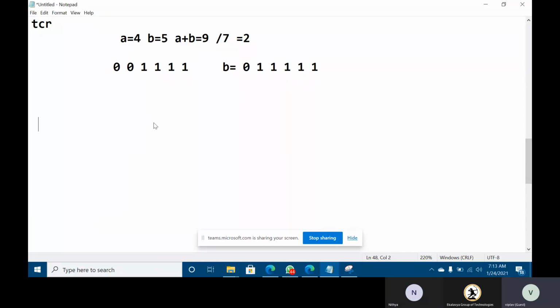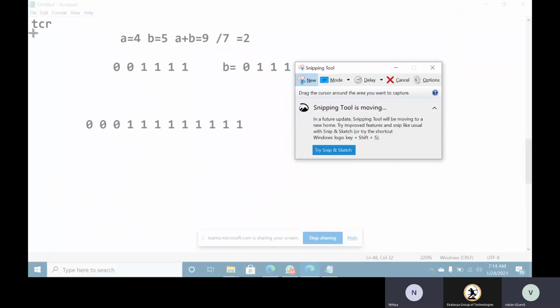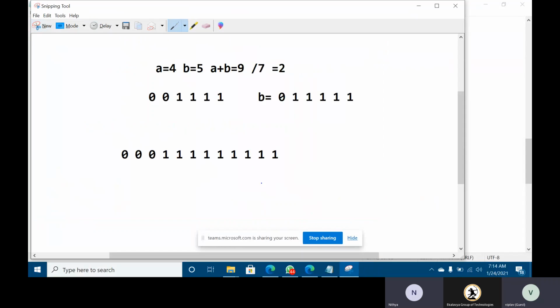So in the MSB part I will write 0, 0, 0, then all the ones, up to 9. Now I am going to number the index of each and every bit: 1, 2, 3, 4, 5, 6, 7, 8, 9, 10, 11, 12.